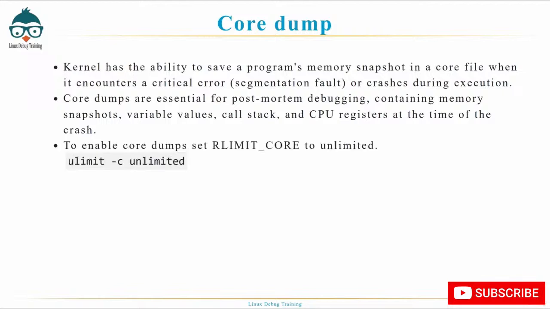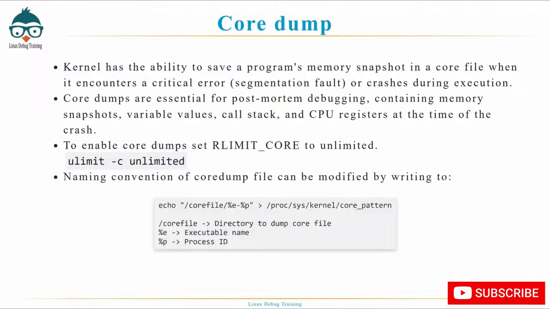By default, core dumps are disabled on most Linux systems. To enable a core dump, we can set the RLIMIT_CORE to unlimited with the following command. We can also modify the naming convention for the core dump by writing to /proc/sys/kernel/core_pattern. We will look at an example of both of these commands now.